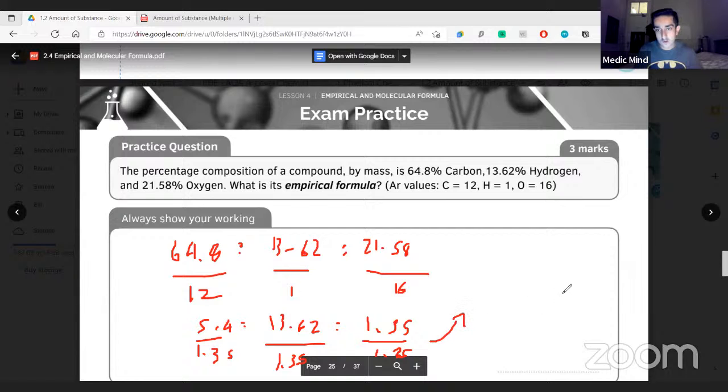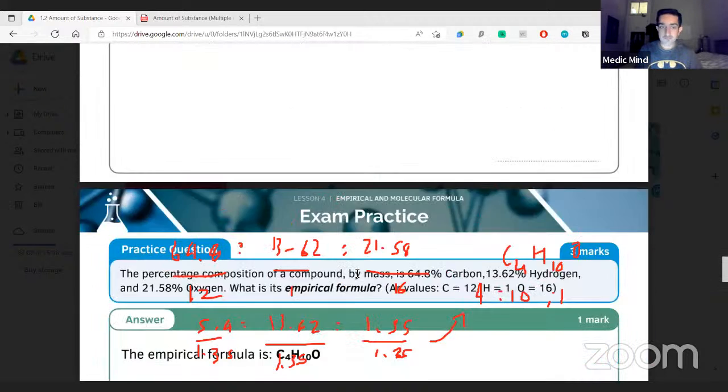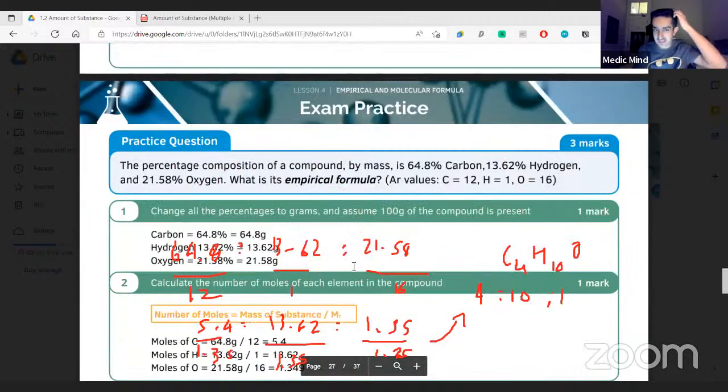So you know the oxygen is 1. 2.62 divided by 1.35 is about 10. It's approximately 10. It's 10.1, but we can round because there'll be some rounding errors anyway. And this is exactly 4. So now I'll put this together: C4. And it's likely to be butanol. And that's likely to be the formula.